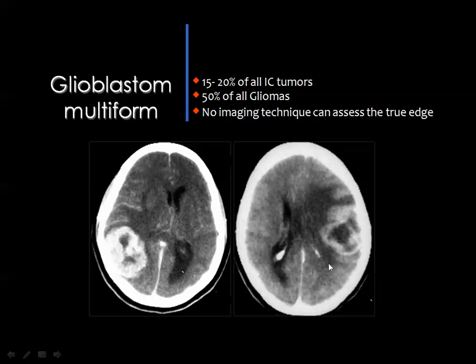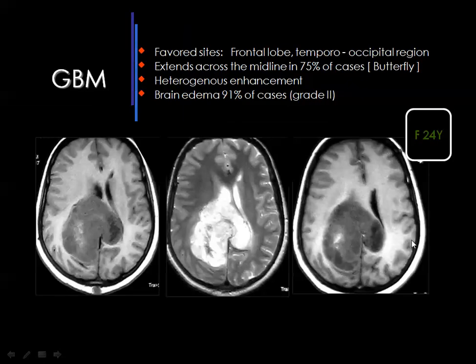And this is an example of glioblastoma multiforme by MRI, T1 weighted image, T2 weighted image, and T1 post contrast. This tumor shows low signal in the T1 and high signal in the T2, and you can see some high signals in the T1 weighted image representing intratumoral hemorrhage.